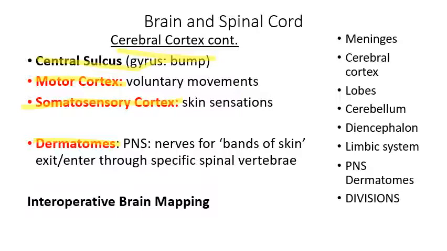Okay, and then finally, how did we learn all of this? How did we learn which parts of the brain are responsible for moving which parts of the body, and which parts are responsible for the different sensations? Before we invented PET scanning, we used a technique called intraoperative brain mapping.